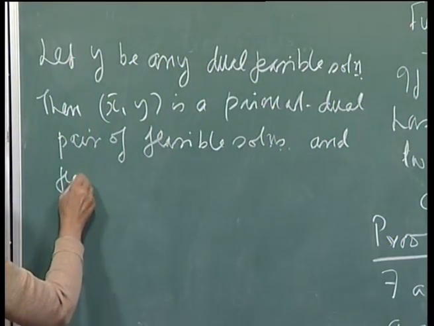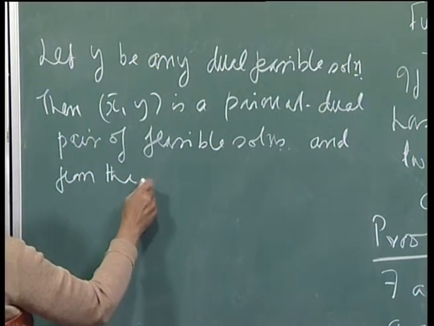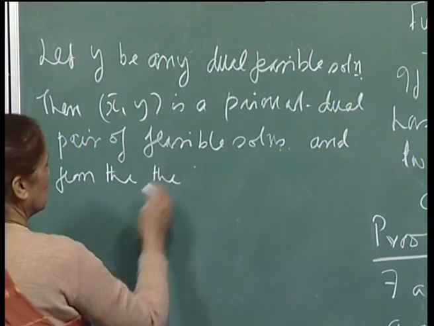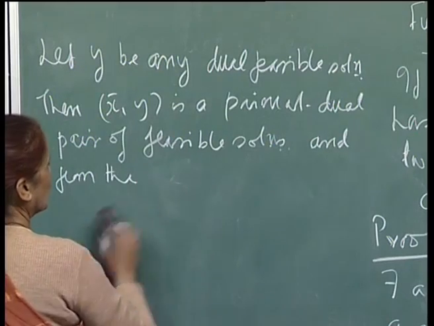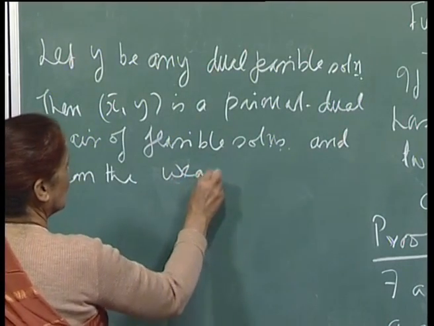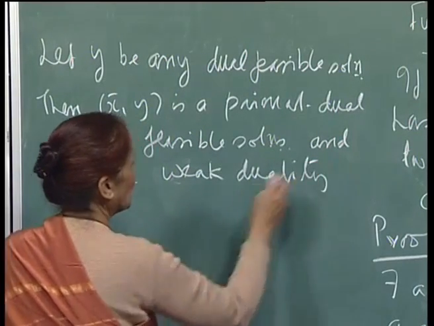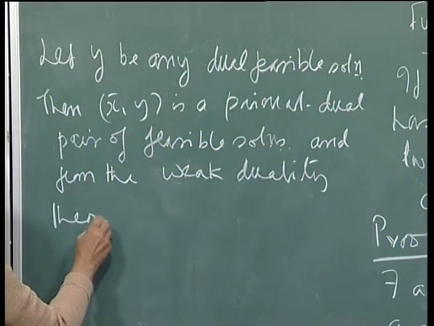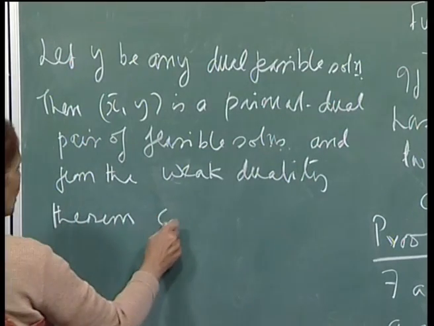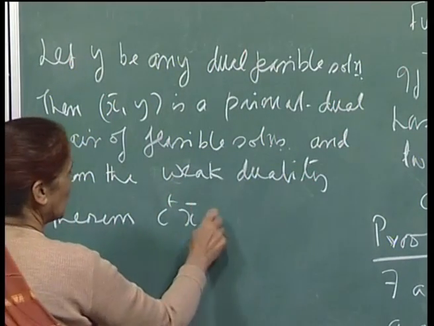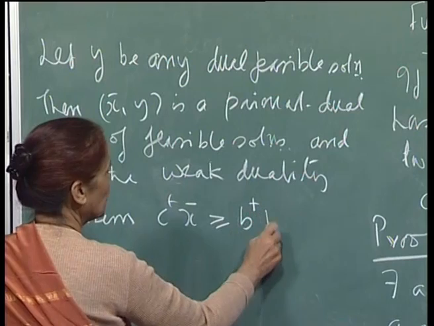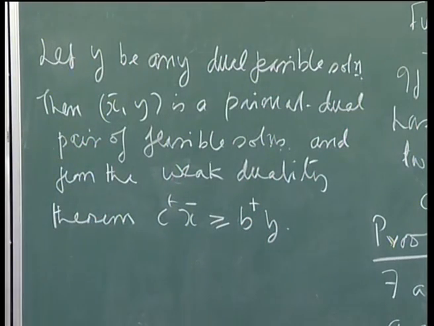from the weak duality theorem, C transpose x bar is greater than or equal to B transpose y, because x bar is feasible for the primal, y is feasible for the dual.